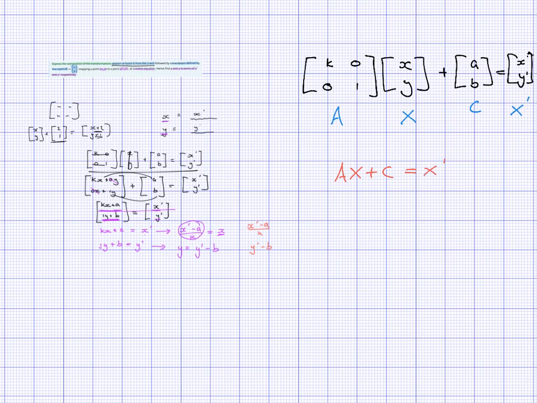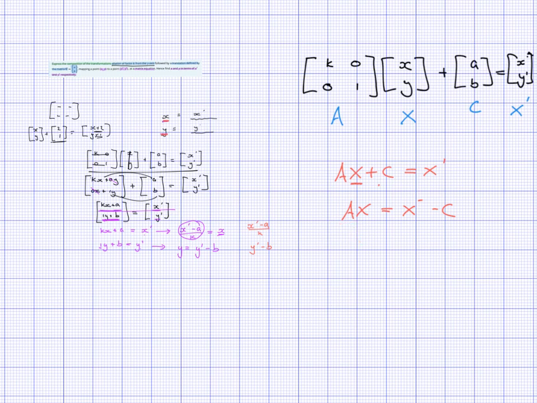Now I know that to get X by itself, because that's my goal, X and Y equals, X by itself, I have to subtract C. So I have AX equals X image minus C. Then I have to divide by A, but you might remember that in matrices there is no division. We have to multiply by the inverse.